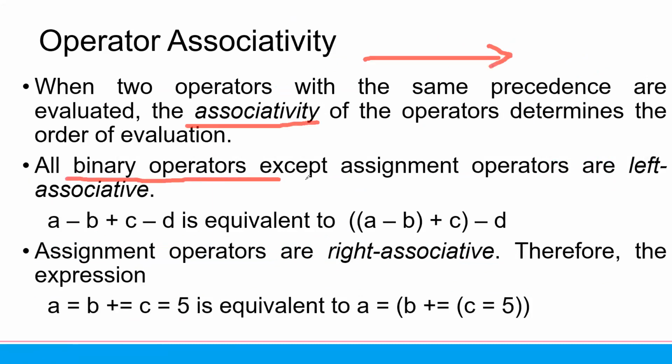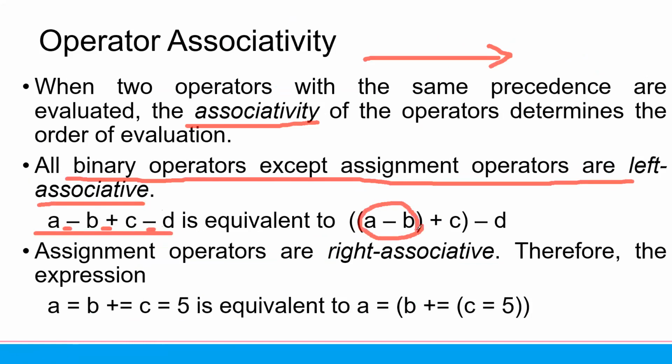All binary operators except assignment operators are left associative, like this one, because all of them are in the same precedence rule. So we will check from left to the right. So this one is equivalent, left, and then this one, and then finally this one.